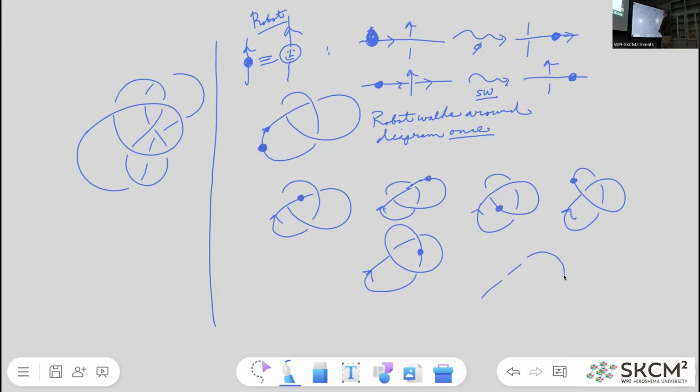And under. Over. Now he's back home. Of course, the diagram is unknotted, but you may not see that this will always work, but I claim it always works. So this is the robot's progress. It starts here, goes along like that.